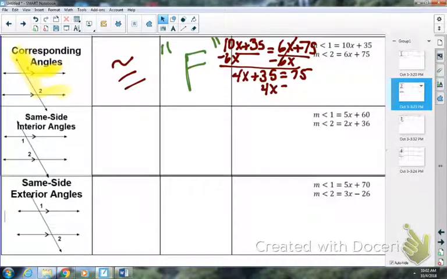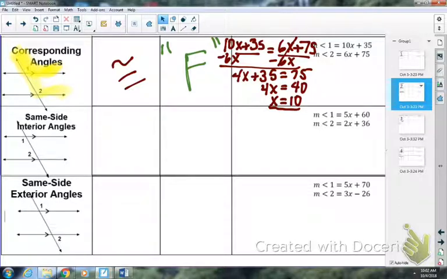What's 75 minus 35? 40. So if 4x equals 40, what does x equal? 10. If the direction said just to find x, I could stop here. But if the direction said you need to find angle 1 or angle 2, then we need to plug it back in.